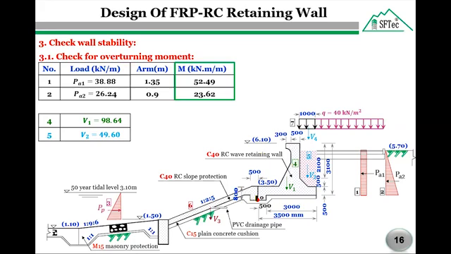By taking the moment for the lateral loads PA1 and PA2 around the point O here at the end of the toe, we will get the overturning moment value.